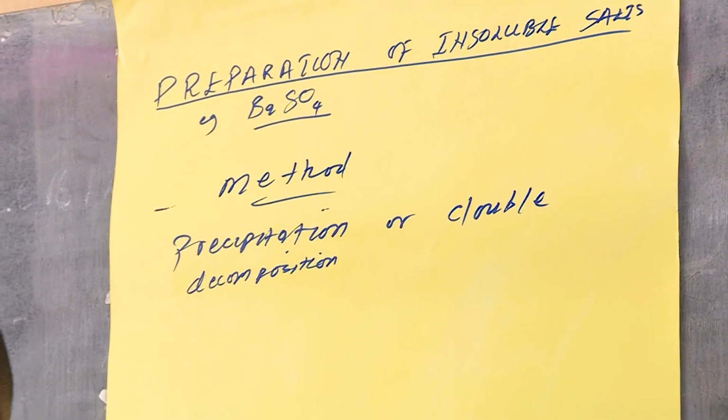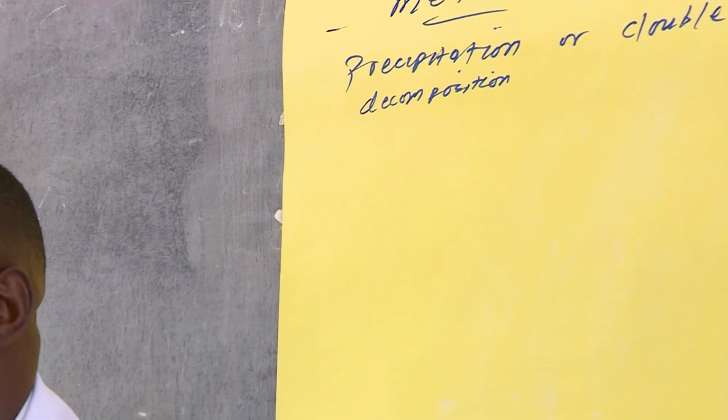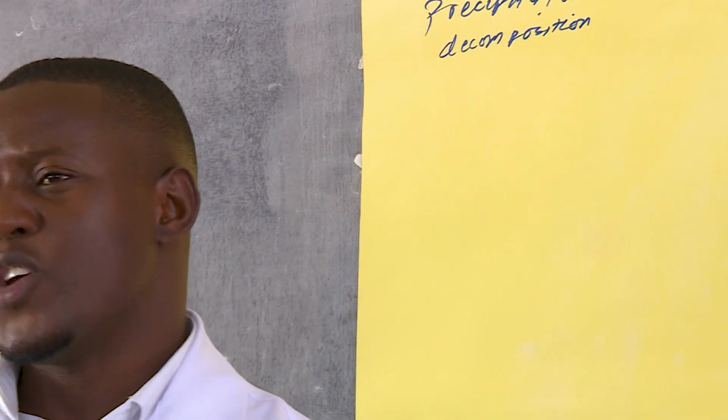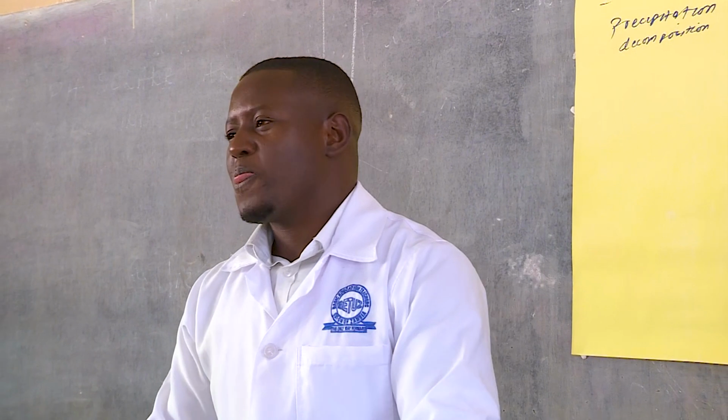Why is this method referred to as double decomposition? So, insoluble salts are prepared by precipitation or double decomposition. What do you mean by double decomposition? Double, you know what double is, right? To decompose simply means to break down. So when you combine the two, what do we form?